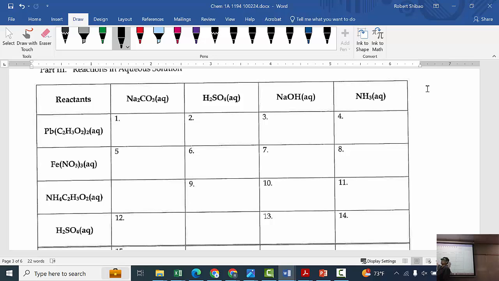And how would you describe that? Yeah, like a clear orange solution. So I'll pour some into the test tube. And then I'm going to add some sodium carbonate to this. And let's see what happens here.